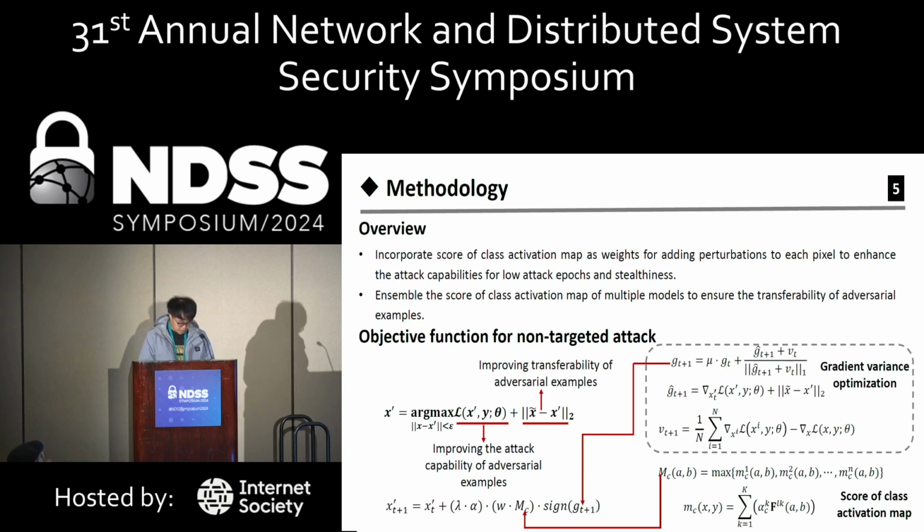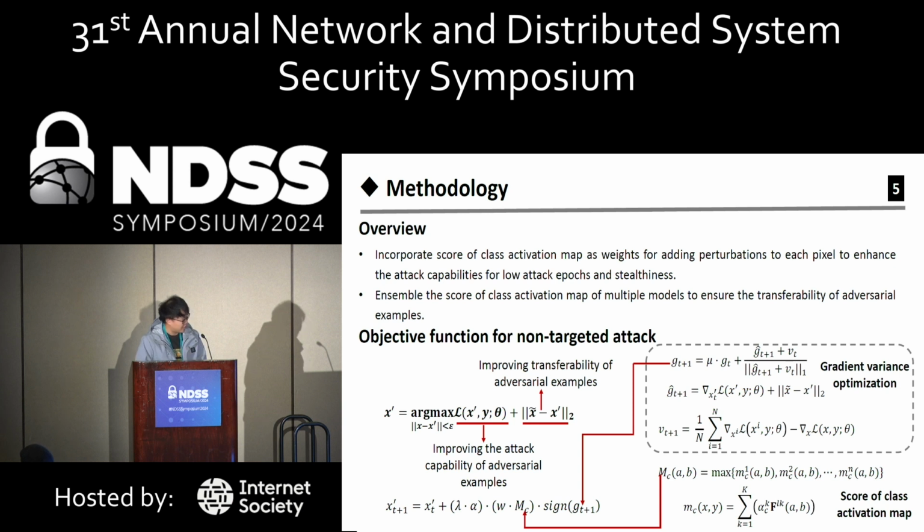We will elaborate on our attack methods from two perspectives: target attack and non-target attack. The objective function for non-target attack is the left equation, and the first term is used to improve the attack capability of adversarial examples. The second term is used to improve their transferability among different models.